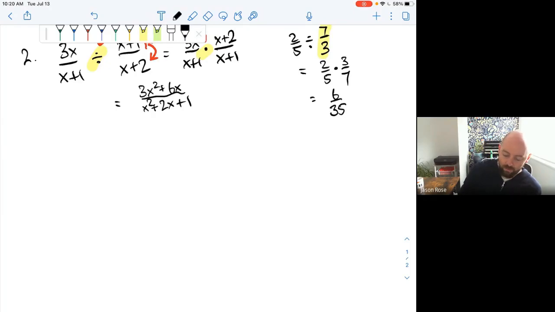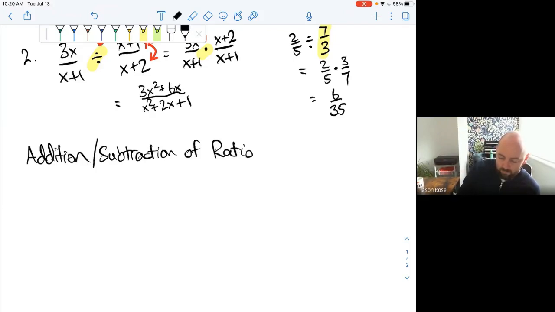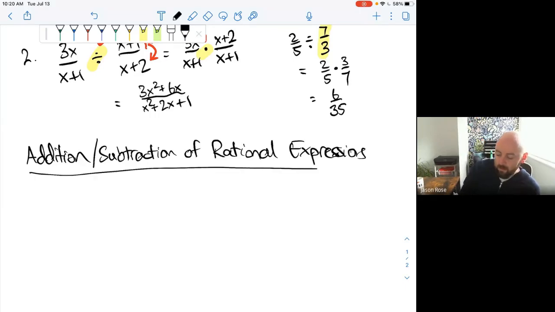Okay, so let's look at addition and subtraction of rational expressions. Again, this is going to work like it would with numbers.